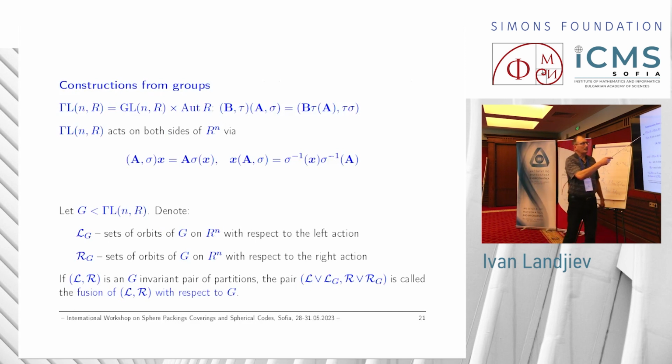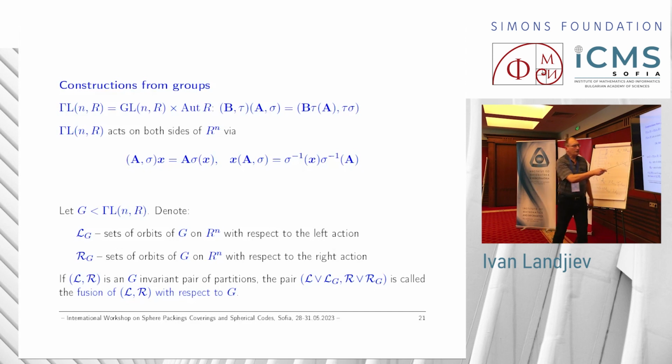We can consider this group, gamma L and R, which is defined in the very same way as the gamma N Q. And it acts on both sides of the ring. The elements of this group can be considered as pairs, a matrix and an automorphism of the ring.